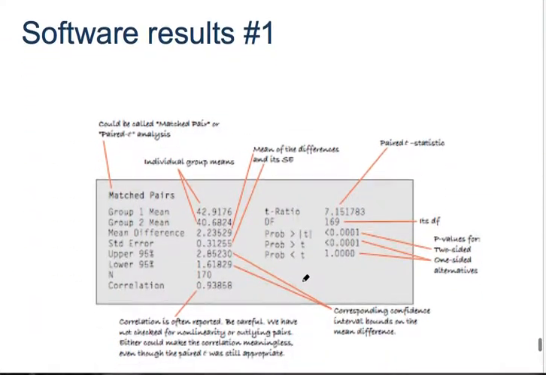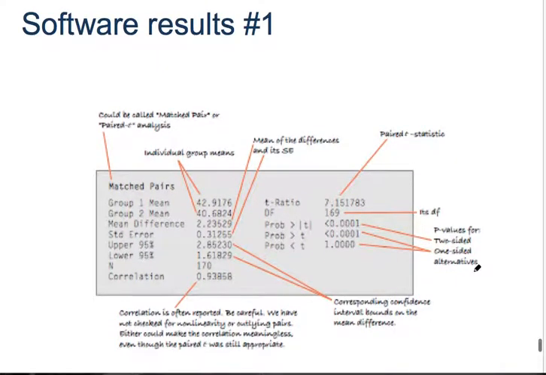Okay, so 2 more things I wanted to show you as far as software results. With a printout, sometimes on the AP test, they will give you this kind of a picture, and then they will ask you to do the problem based on this. So I just want to go through this. So here are our 2 groups. Okay, it could be called matched pair or paired T. So you need to look right here to determine that it is matched.